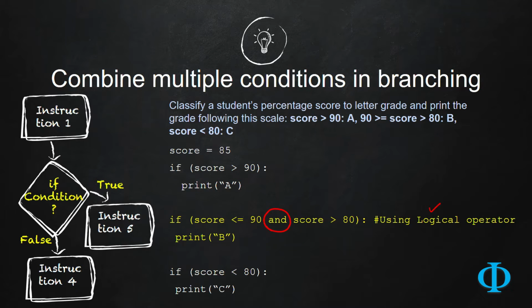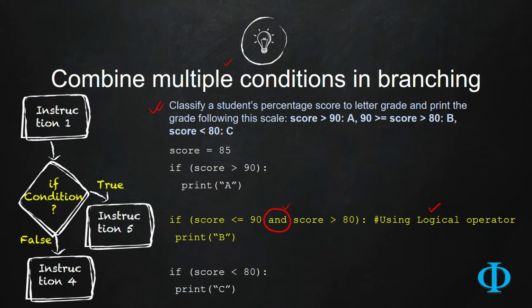Now let us take a deeper look at this example in the slide to understand a real problem, which utilizes this AND operator to demonstrate what I have just said, like combining multiple different conditions. So let's take a look.